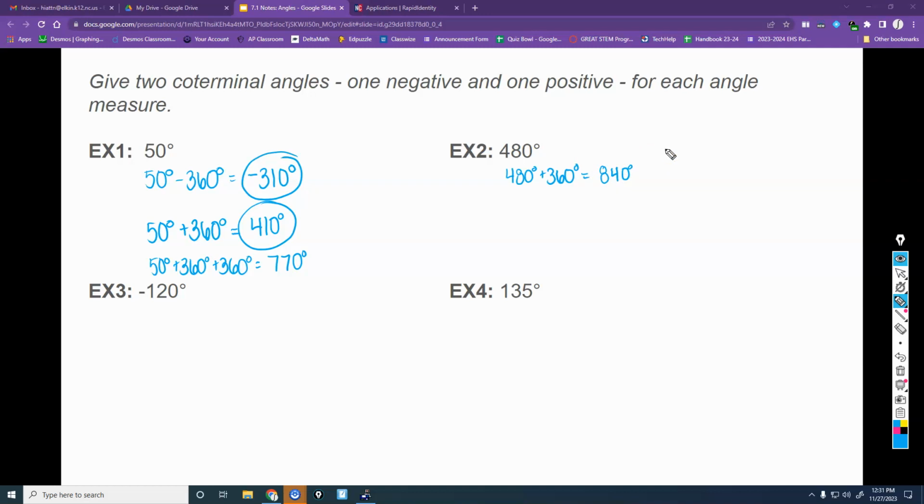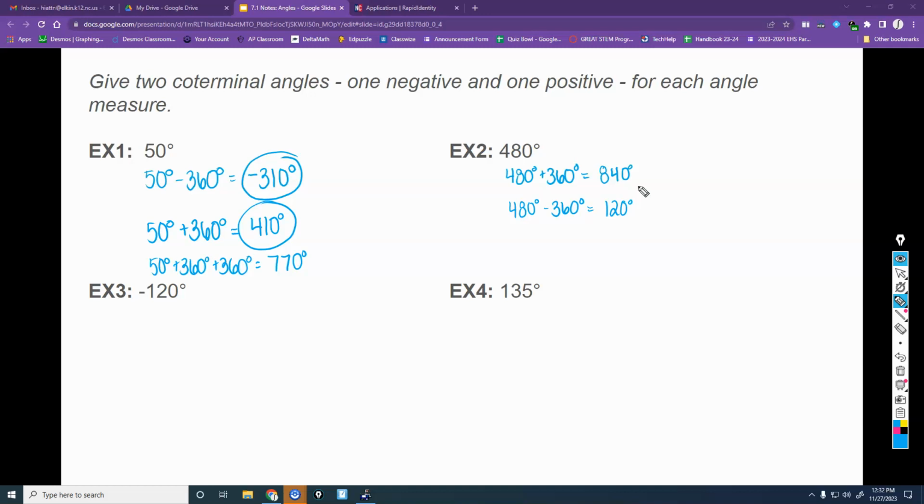That works, and it's positive. But what I would probably do instead, 480 is already bigger than 360, so I would probably do 480 minus 360, and that would give me 120 degrees. That is a positive angle.